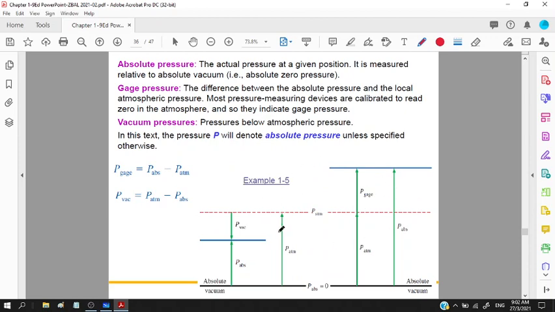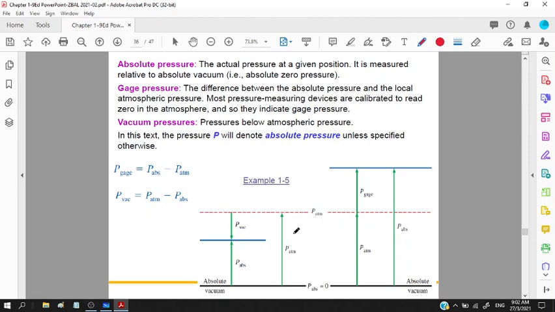These are the physical appearances of pressure, where we could have what is called the positive effect of pressure. So this is our atmospheric pressure. This is our absolute pressure.